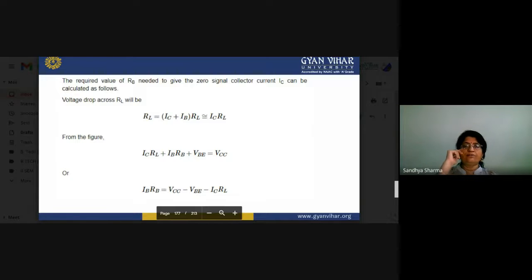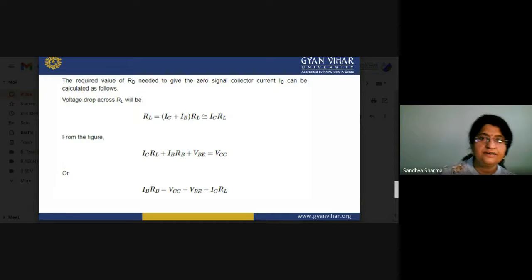Now the required value of RB is needed to give the zero signal collector current. In biasing you have to determine RB. So the voltage across RL is equal to (IC plus IB) into RL, which is approximately IC into RL, because the value of IB is very small.